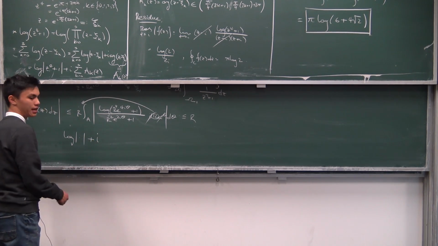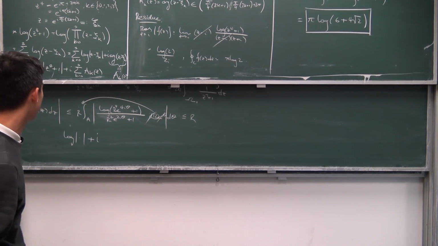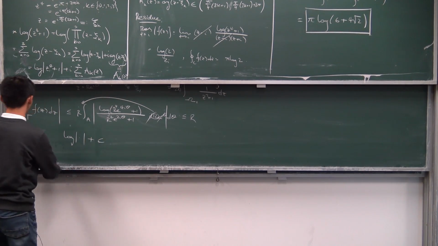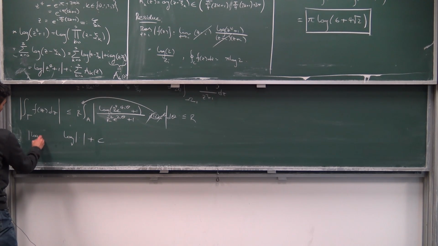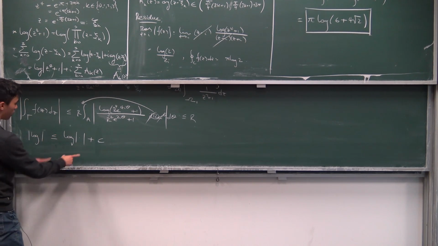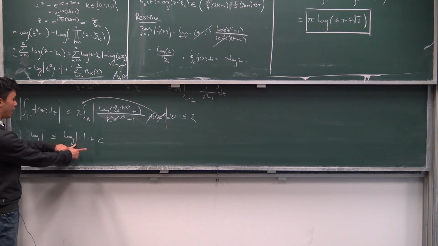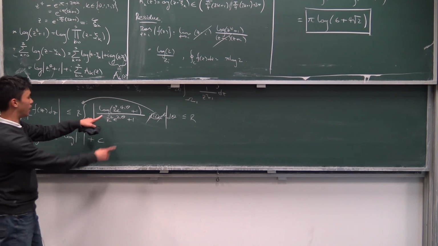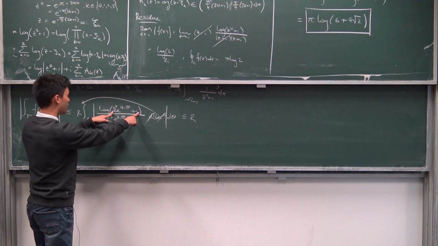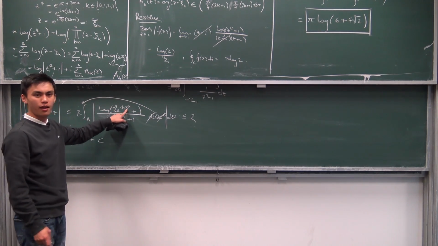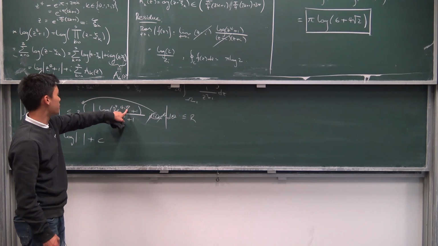So the absolute value of log is less than or equal to the log of the absolute value plus some constants. And the absolute value of the inside, you can find the maximum of quite easily because you can just take theta to be, for instance, 0.